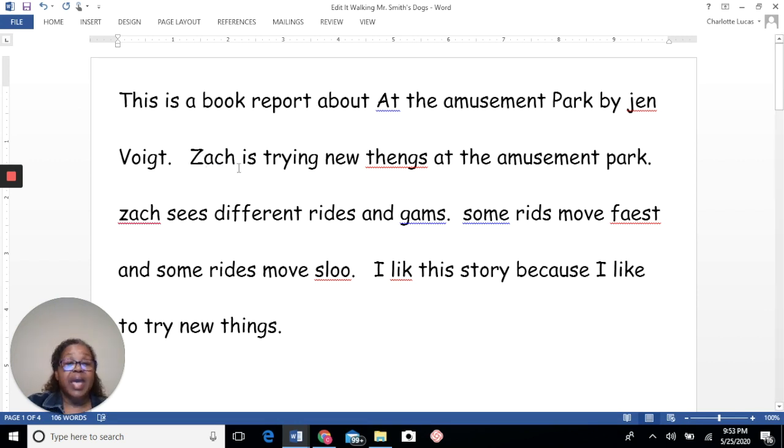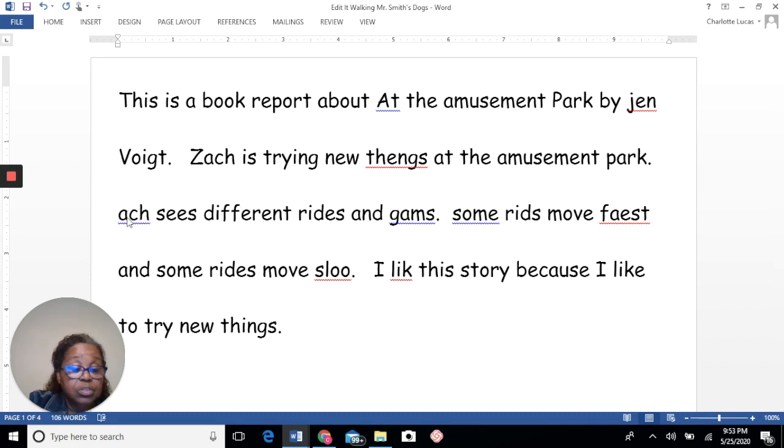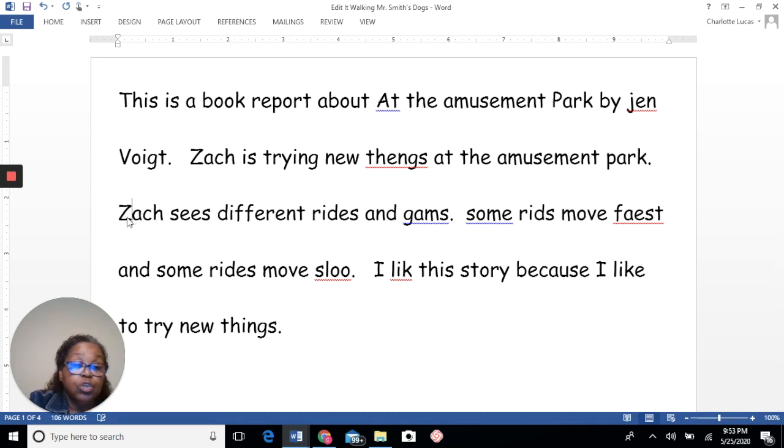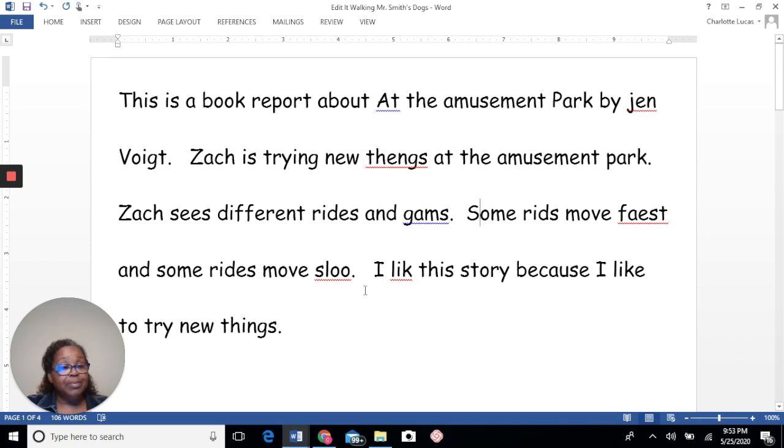So we can make Zach capital. Let's find the next. That's the end of the sentence. So this word needs to be capitalized, and it's also someone's name. So we know we're correct. Here, there's a period. So the next word needs to be capital. That needs to be a capital S for some. And here we have our I. That is correct. So we've taken care of that capitalization.